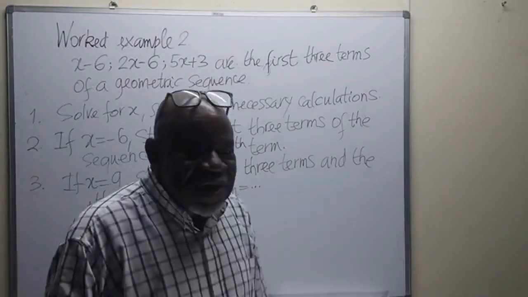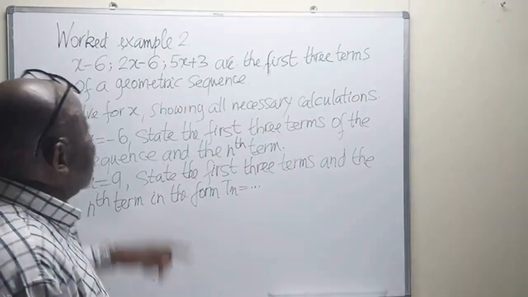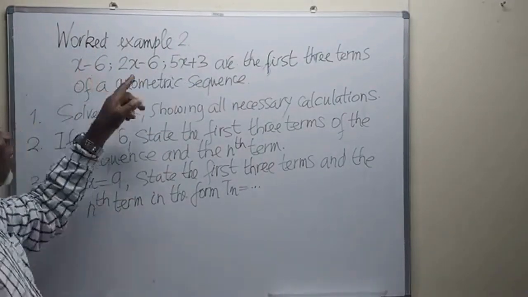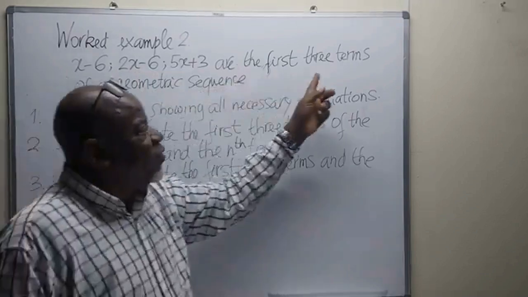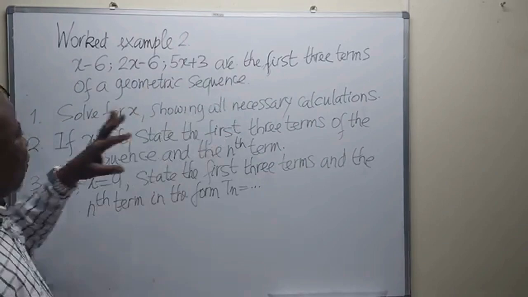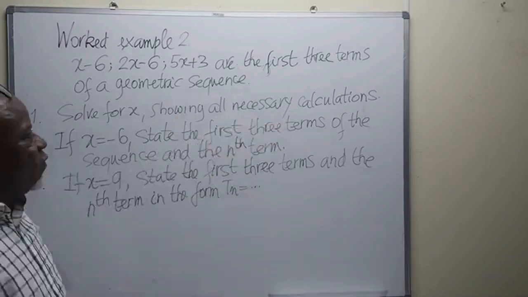Okay, so we are going to worked example number 2. We have finished worked example number 1. Worked example 2. x minus 6, 2x minus 6, 5x plus 3 are the first 3 terms of a geometric sequence. First question: solve for x showing all necessary calculations.